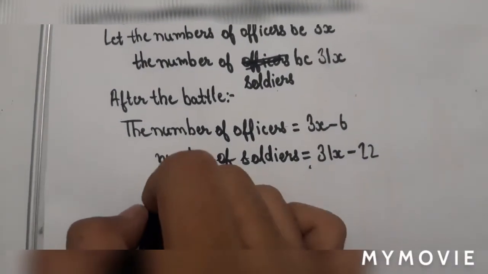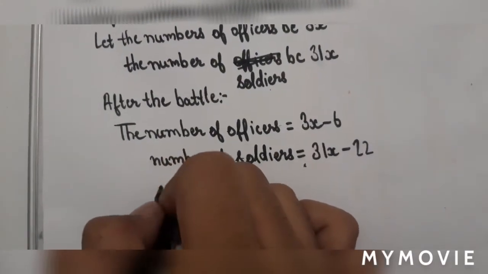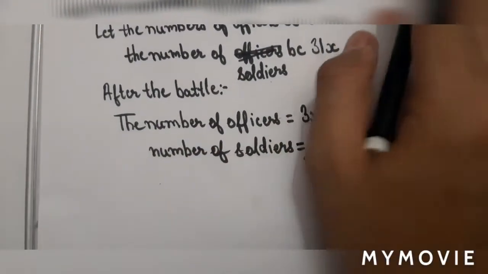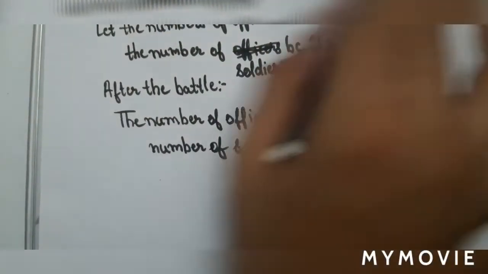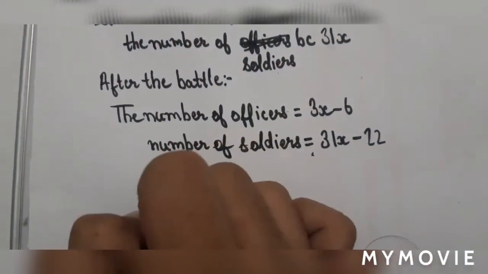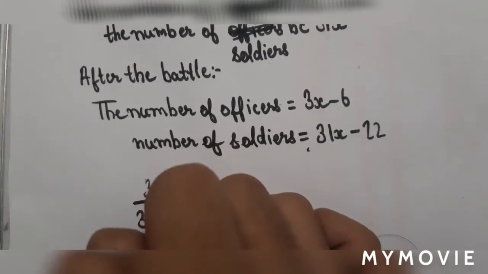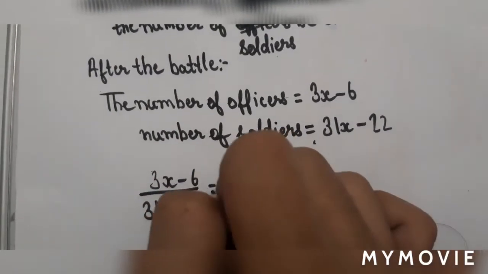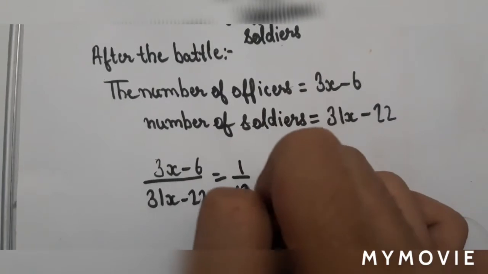So now we are provided with the ratio after the battle. So 3x minus 6 by 31x minus 22 is equals to 1 ratio 13.